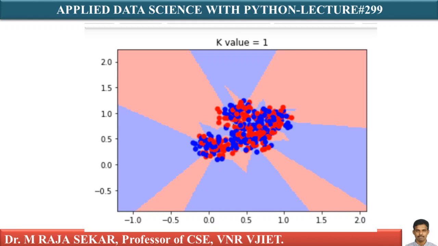Just execute this piece of code with different values of K. If you observe carefully, if I take a query point here, there are slightly more red points, therefore this region will become red.